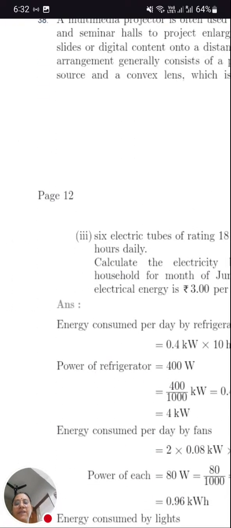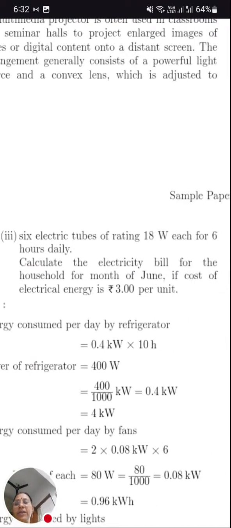थर्ड वाला है 6 bulbs, 6 multiplied by 18 multiplied by 6. कर लिया, नोट कर लिया. विवेक, नोट कर लिया. सभी को ऐड करो, फिर मल्टीप्लाई बाय 30, as in the June month 30 days are there, then per unit cost is 3. चेक करो आंसर क्या आ रहा है, बताओ.